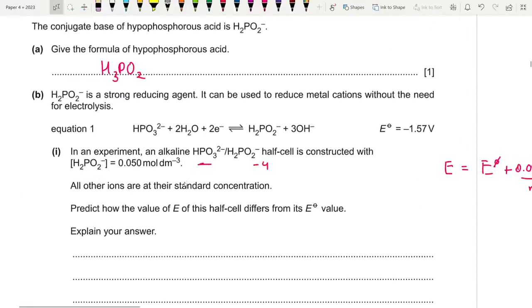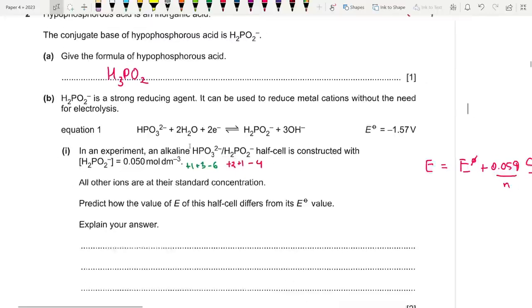Here oxygen has a charge of -4, hydrogen has a charge of +2. So to make a charge of -1, this needs to have a charge of +1, right? On the other hand, on the left hand side, if this is -2, hydrogen is +1. To get a charge of -2, what does P need to take? +3, right? Because +3 plus 1 is 4 and -6 is -2. And on the right hand side, it's +2 plus 1 plus 3 minus 4, that's -1 basically.